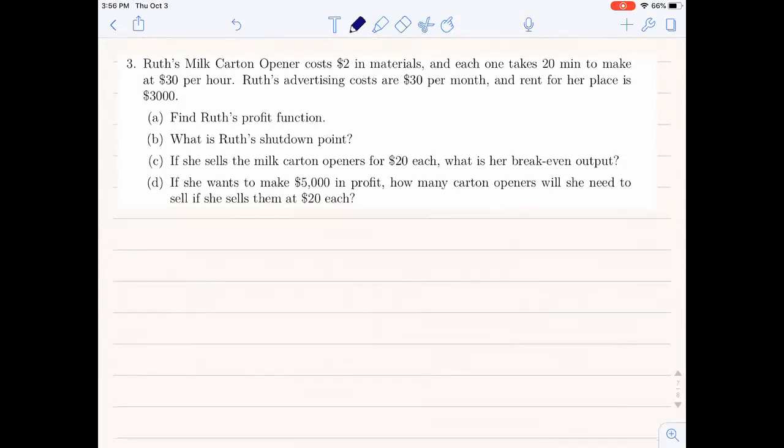The first thing I'm gonna do though, is I'm just gonna go through and put these costs into categories, right? Fixed costs, variable costs, because there's two fixed costs, advertising costs and the rent. So I'm gonna need to combine those into one fixed cost. Same thing for the variable cost.